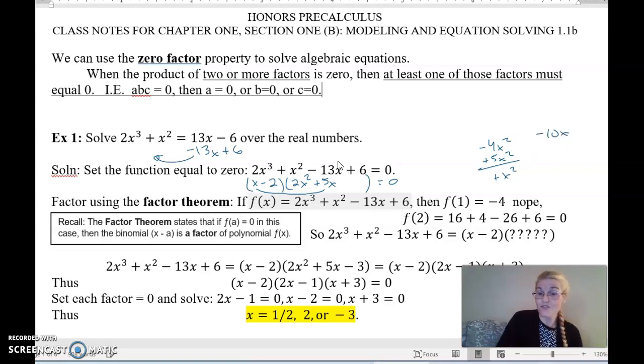And I want a -13x. So x times what here will give me what I need so that I end up with -13x? Well, I need -3x. So if I take x times -3, that's going to give me this term. And lo and behold, -2 times -3 is positive 6. And that is how it factors.